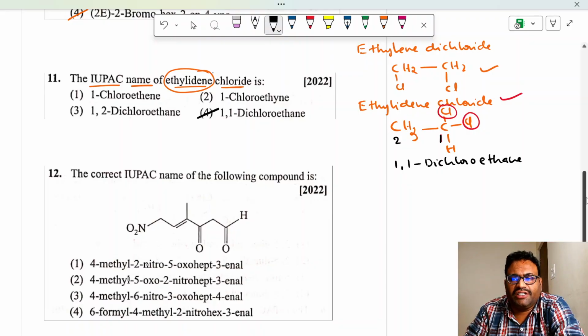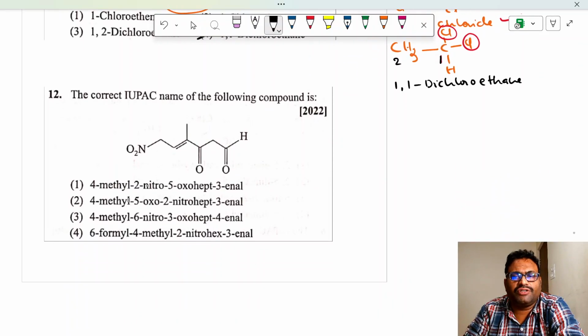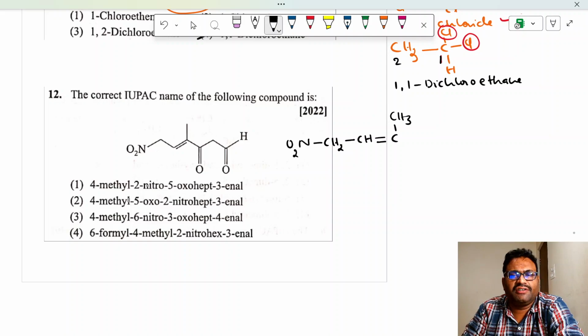Next, let us see the 12th question. The correct IUPAC name of the following compound is. If you write the detailed structure: NO2, CH2, CH, double bond, C, CH3, right?